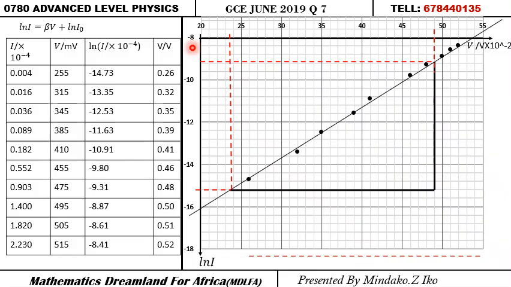If I just add 1.2 to 8, it is actually 9.2. But since the values are negative, you include negative 9.2. So here is negative 9.2.